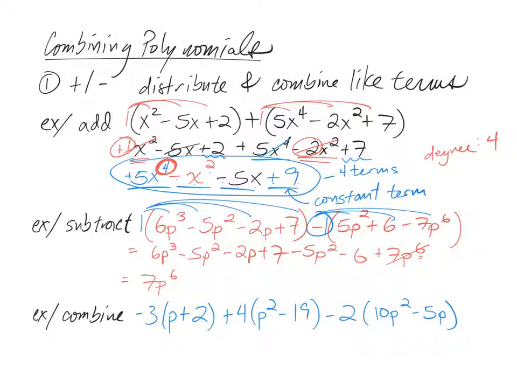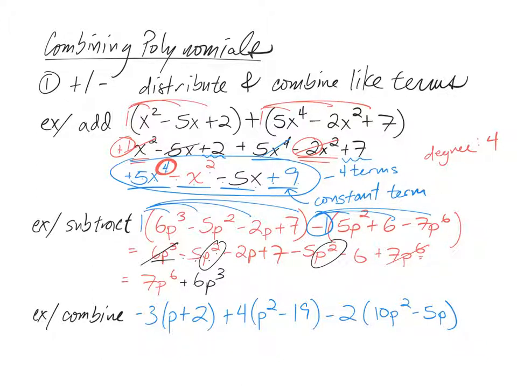What's the next biggest term? I see this one here, p cubed. Are there any other p cubeds? No, so that'll be a plus 6p cubed. Next, I have this minus 5p squared. Are there any other p squareds? Oh yeah, here.